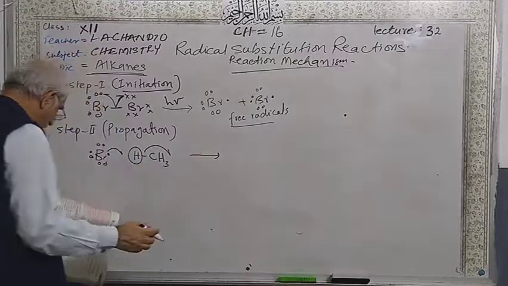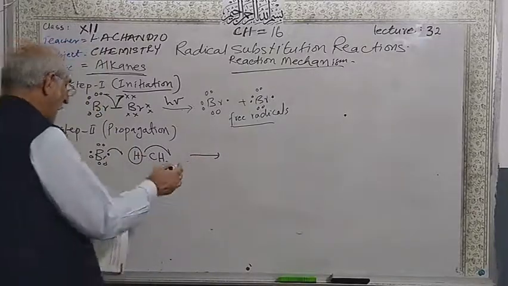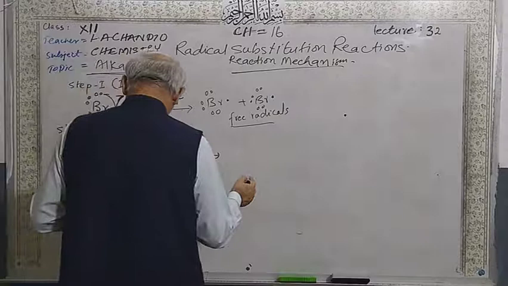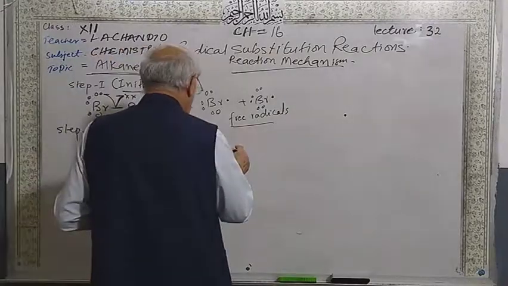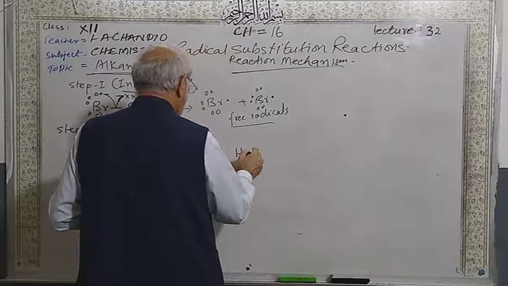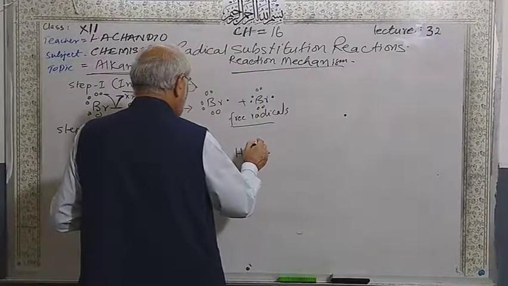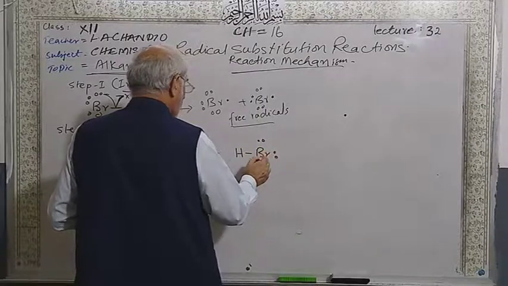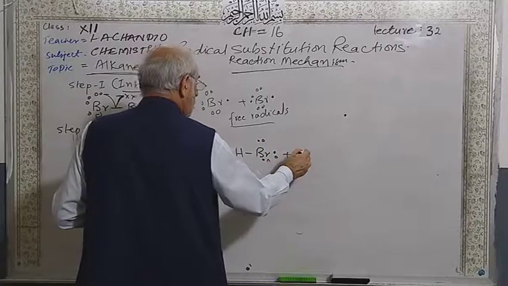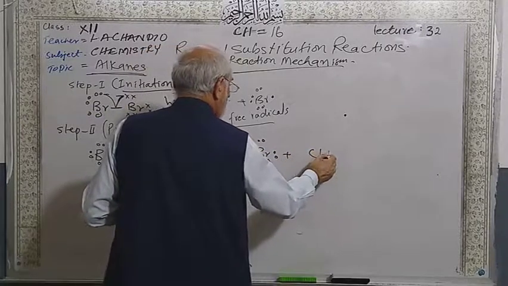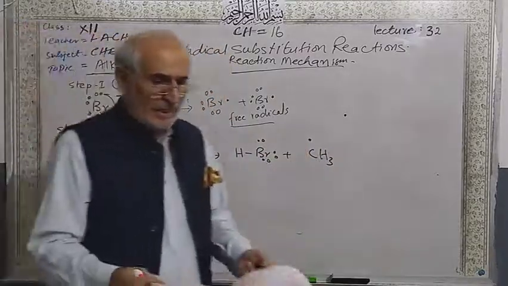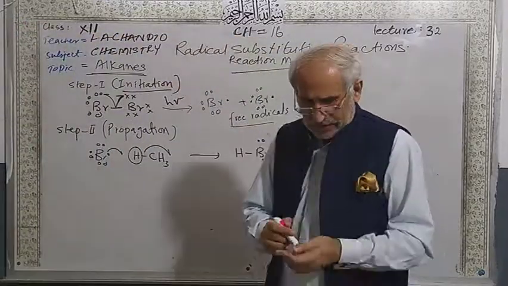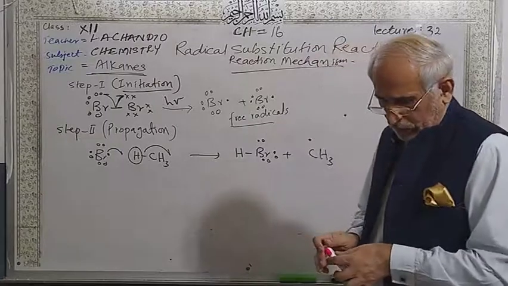So what happens? You will get a methyl radical and hydrogen bromide. The methyl radical is also a free radical that is formed here.